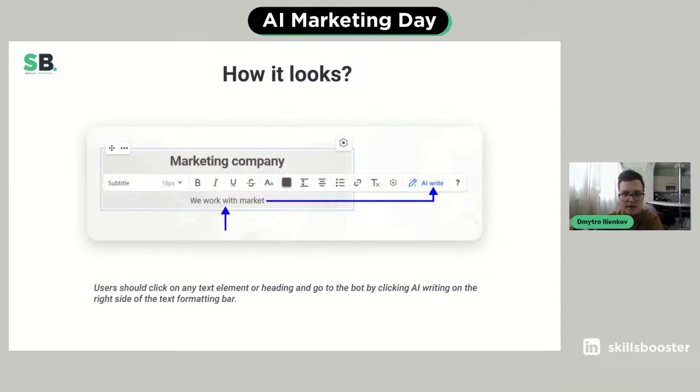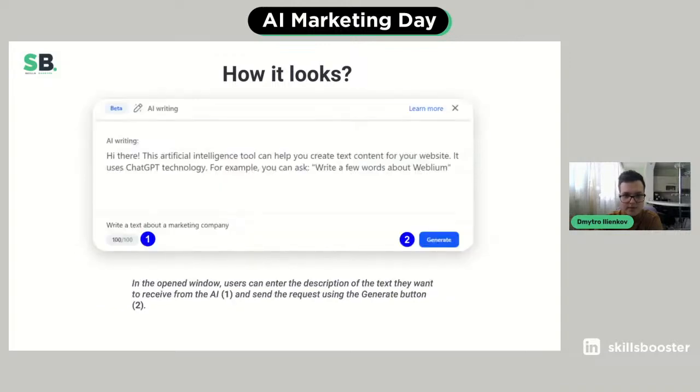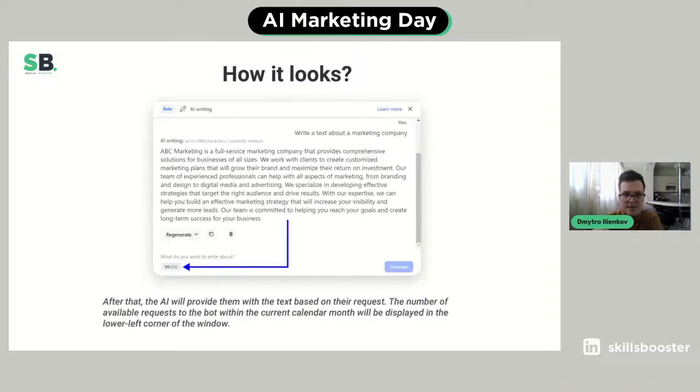And in this way, you open the following window where you can ask any question. For example, in this example, I write a text about a marketing company. After that, you click generate, and in several seconds, depending on the request, you will get the text.